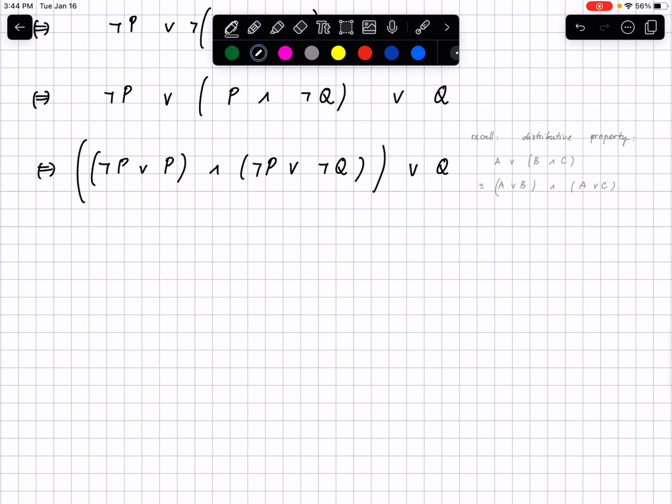Okay, not P or P is a tautology. It's always true, not P or P. This is a tautology. A tautology and something, maybe another recall. Let me write T to stand for tautology.